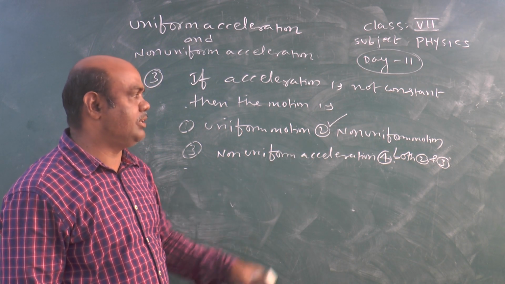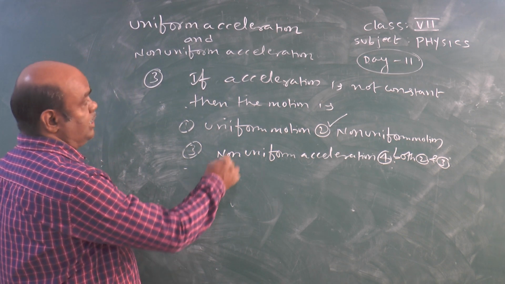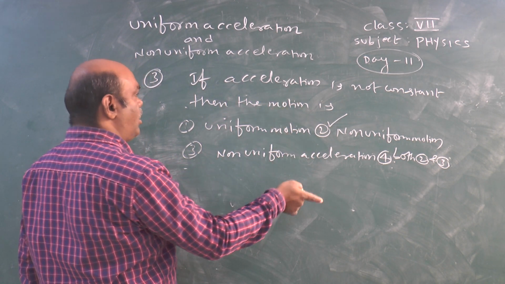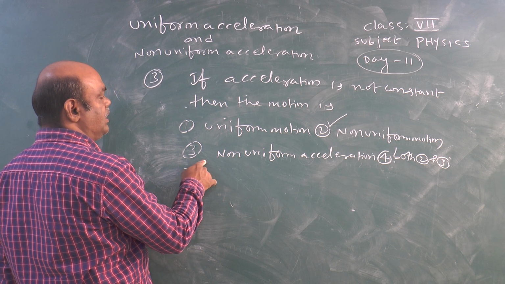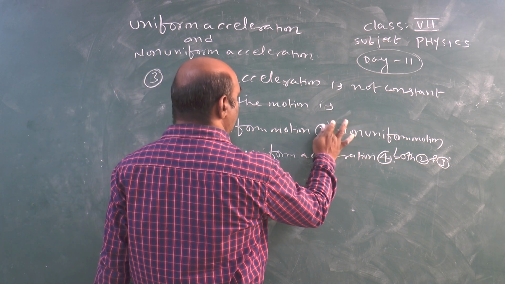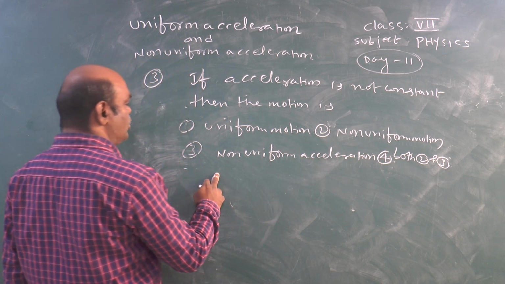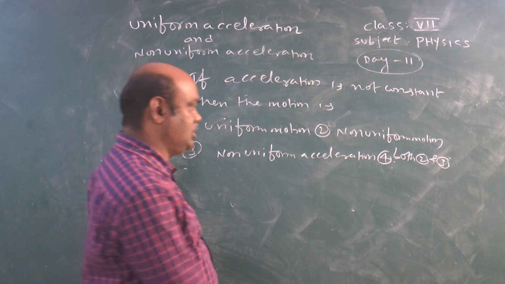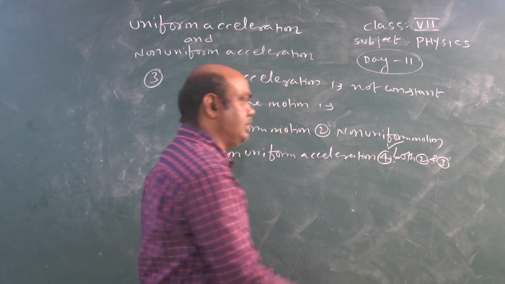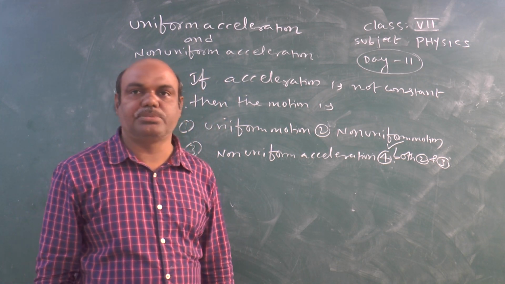And this acceleration that is not constant we call non-uniform acceleration. So both 2 and 3 are correct. So the fourth option is correct.